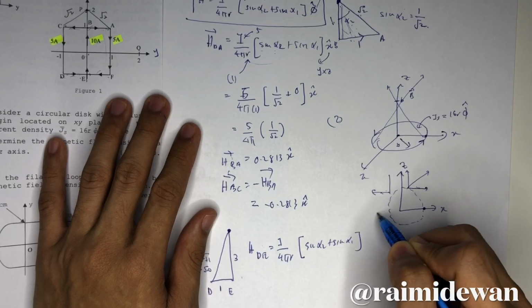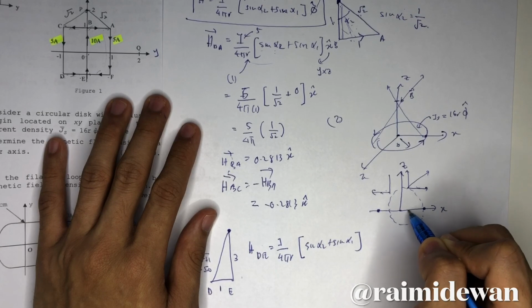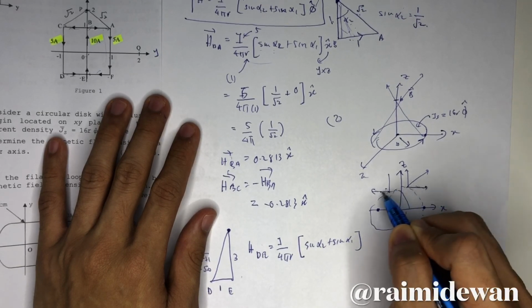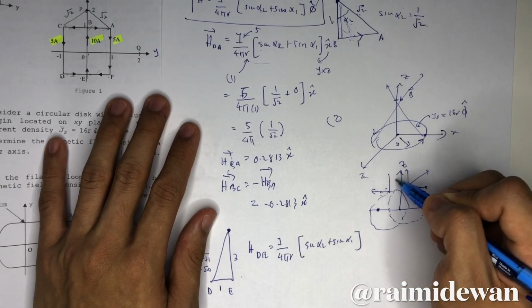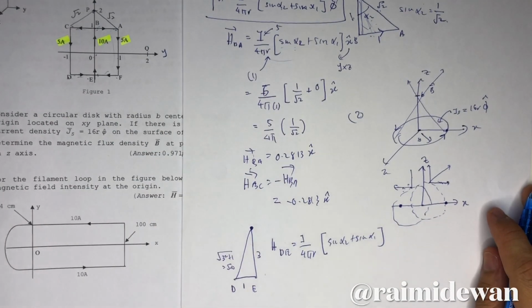This one is due to the next point, which is here. So the horizontal will cancel out, then we take the vertical components for our resultant of B.